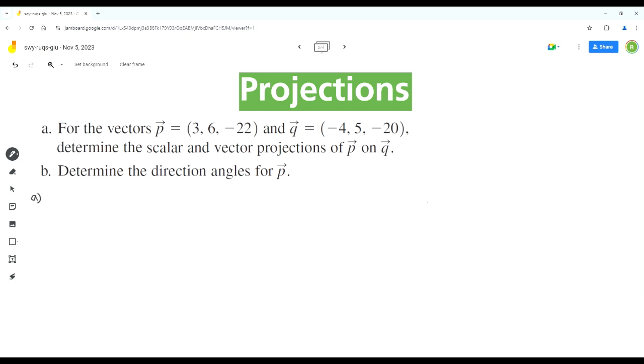So we'll start with the scalar projection and the formula is. So this is the formula for scalar projection of vector P on vector Q. So we can use the given vectors.